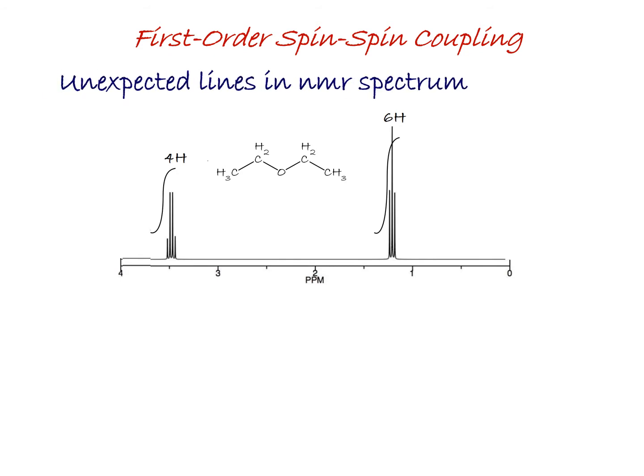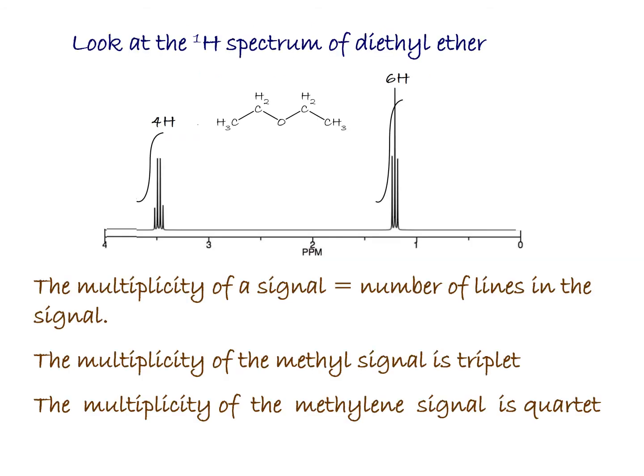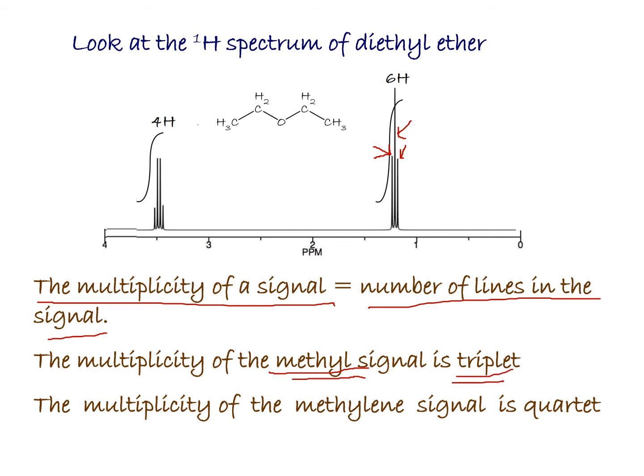For the unexpected lines in the NMR spectrum, look at the multiplicity of the signal, equal to the number of lines in the signal. So the multiplicity of this peak: we have one peak, two, three peaks. The multiplicity of the methyl signal is a triplet. Give it T.